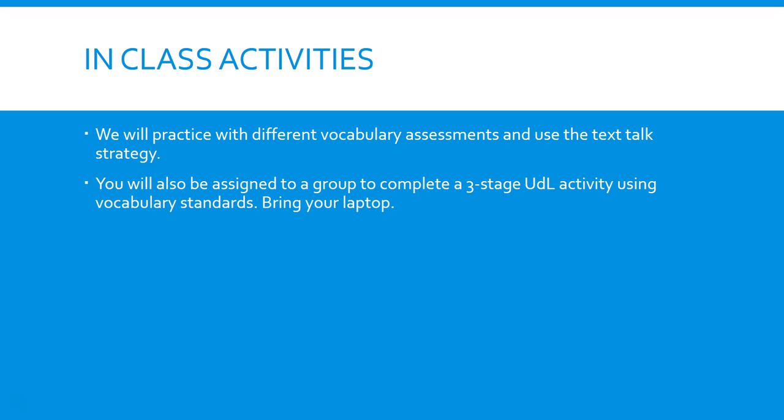You're also going to be assigned to a group and complete a three-stage UDL activity using a vocabulary standard related to a content area. You'll start with stage 1, the essential questions and big ideas, go to stage 2 and choose some assessments, and then start coming up with learning activities in stage 3.